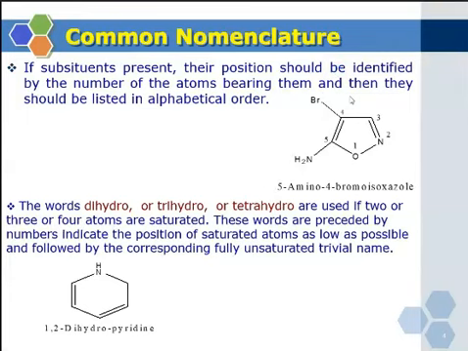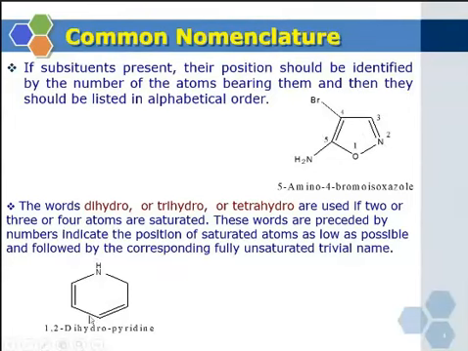The words dihydro or trihydro or tetrahydro are used if 2 or 3 or 4 atoms are saturated. Now sometimes we can see that the ring is associated with unsaturated bonds, that is double bonds.